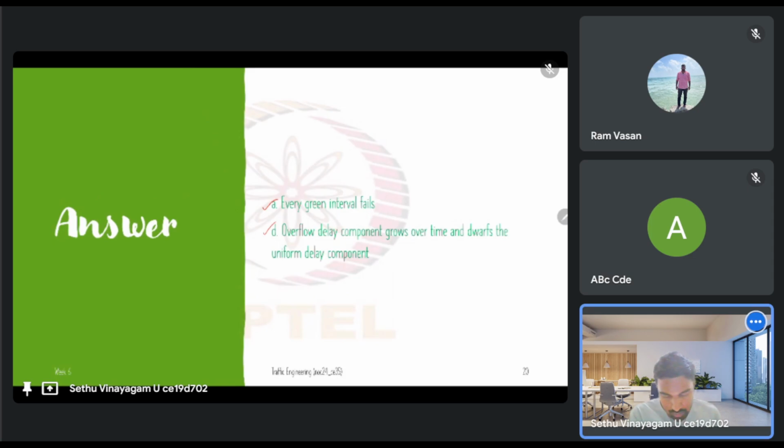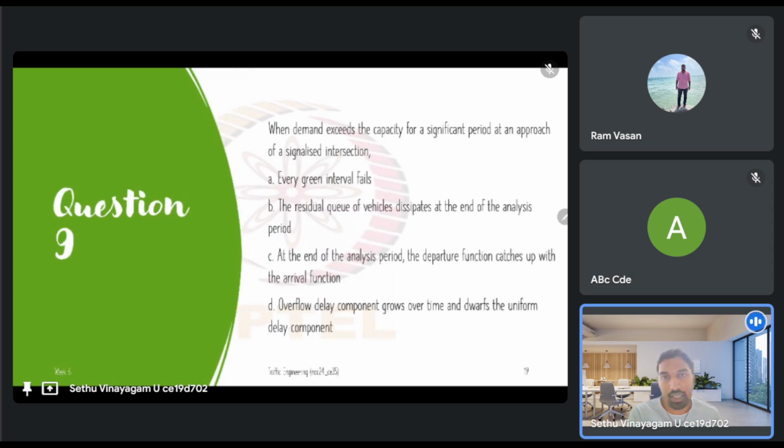Here we are looking at an oversaturated condition, right? Demand is exceeding capacity, so demand is more than capacity, and this is there for a significant period of time. We know that when demand is higher than the capacity, this will lead to overflow delay. So what happens in this case?